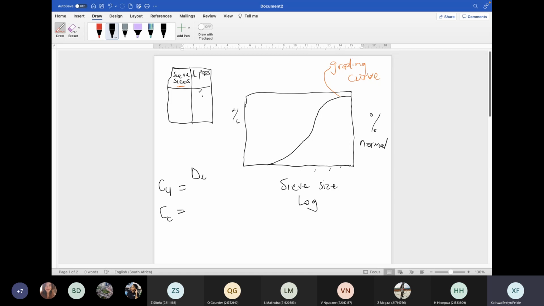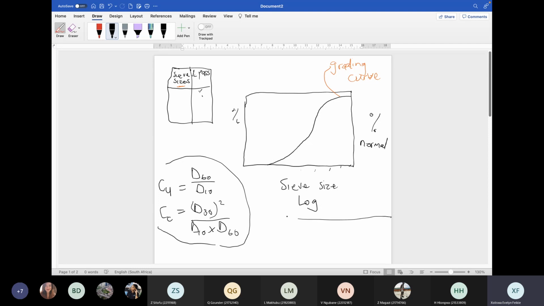It is D60 over D10. What is the formula for CC? It is D30 squared over D10 times D60. So these are the grading characteristics. We use these to grade the soil.